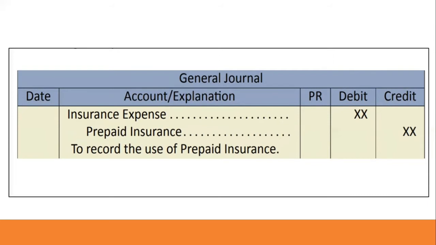Now, to ensure the recognition and matching of revenues and expenses to the correct accounting period, account balances must be reviewed and adjusted prior to the preparation of financial statements. And this is going to be the topic of the next section.